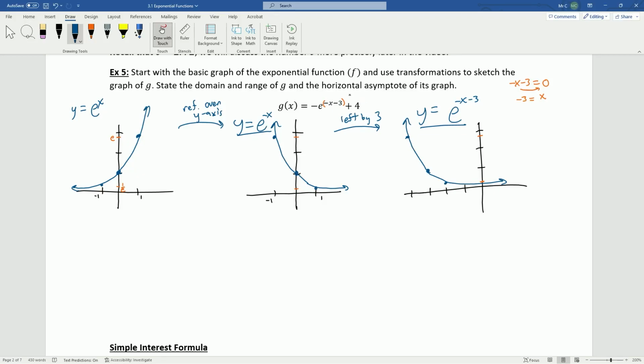Now we move outside the function. And this is a multiplication by negative 1. So multiplication comes before the addition here. So we're going to go to the y equals negative e to the negative x minus 3 graph. And here I'm taking the previous y value and making the whole thing negative. So this is a reflection over the x-axis.